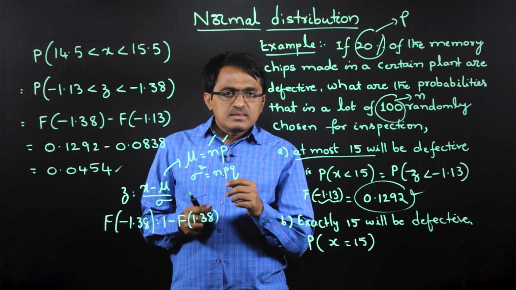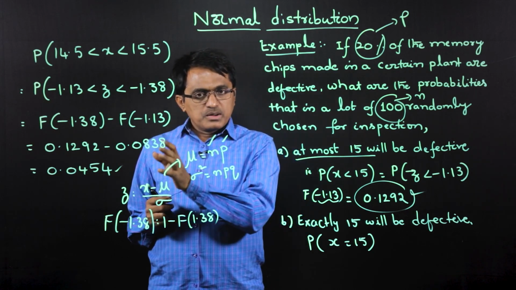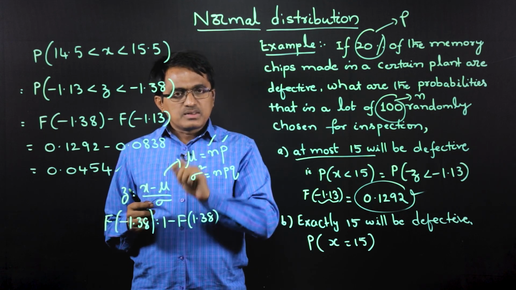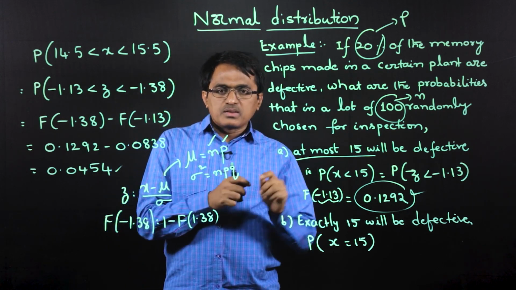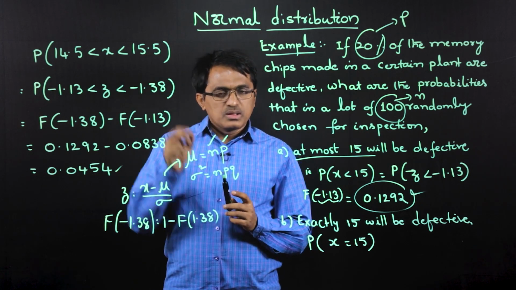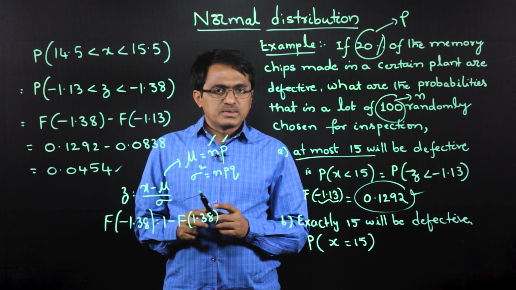And third, whenever we want to solve a problem related to the normal distribution, we have to convert it into the standard normal distribution, and always use the normal distribution tables, without which we can't solve a problem on the normal distribution.